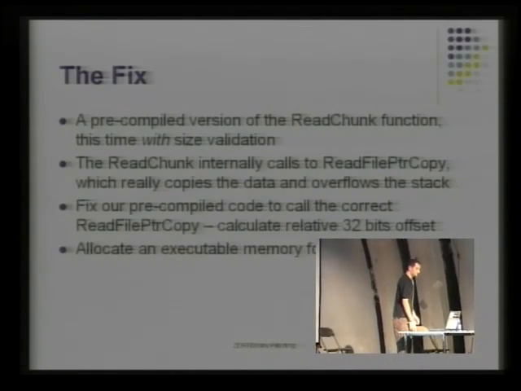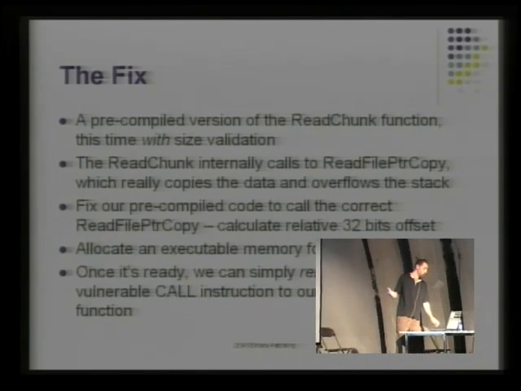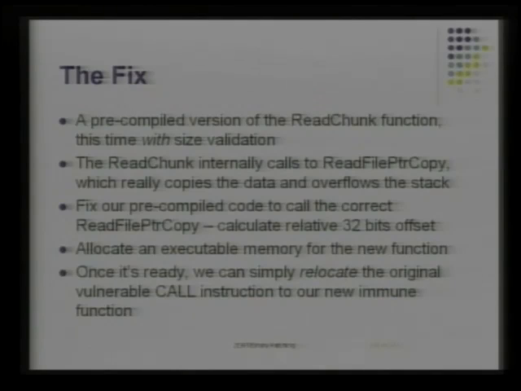Technically, about the API to use: you can't use, for example, malloc, or memory alloc, however you want to call it, because it's in the heap, and the heap is not supposed to be executed. Therefore we use, for example, VirtualAlloc and supply the flags telling it is executable code.